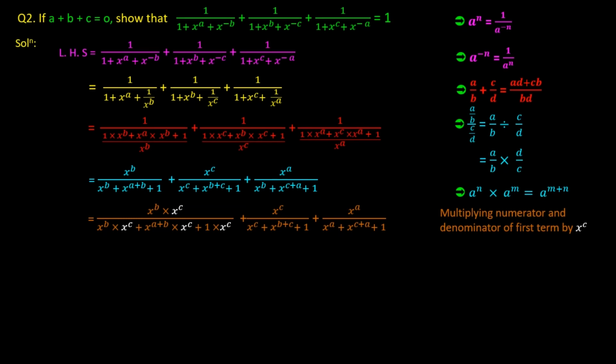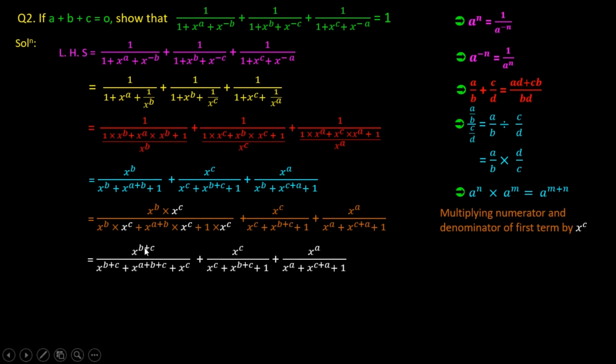Now after multiplying with x to the power c, the equation is like this. So we have to use the same formula here, a to the power n times a to the power m, isn't it? Powers are added because the base is same, when it is in multiply form, then powers have to be added.